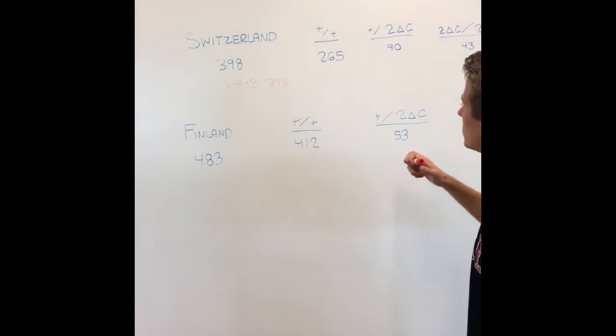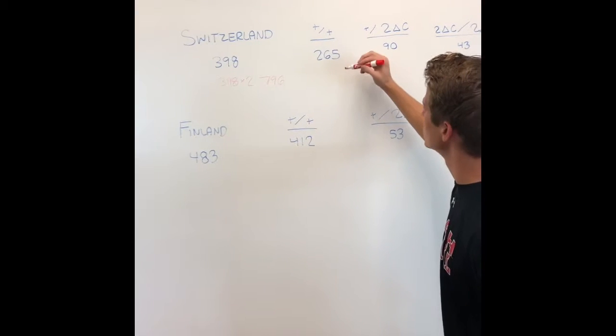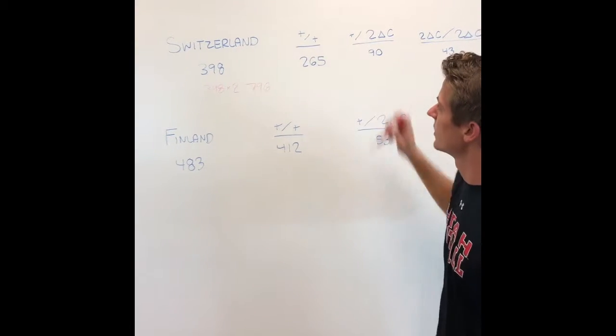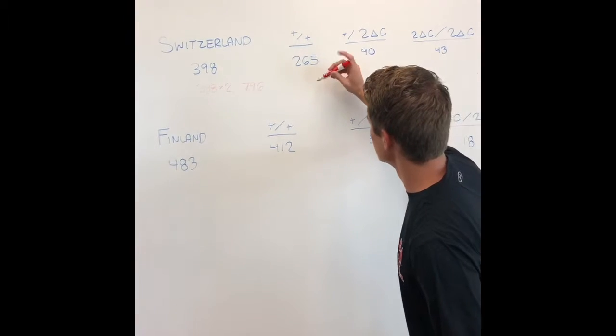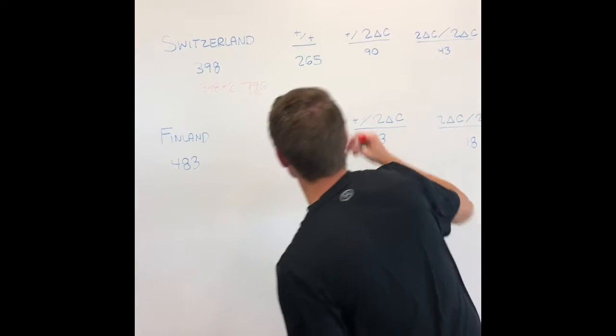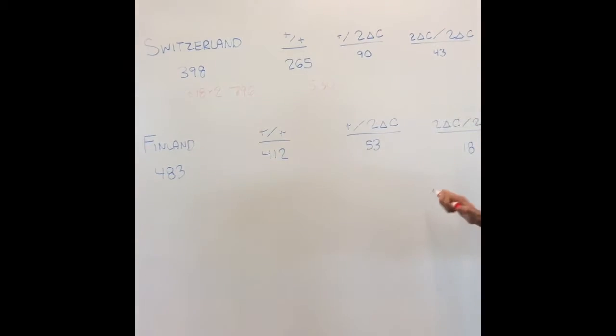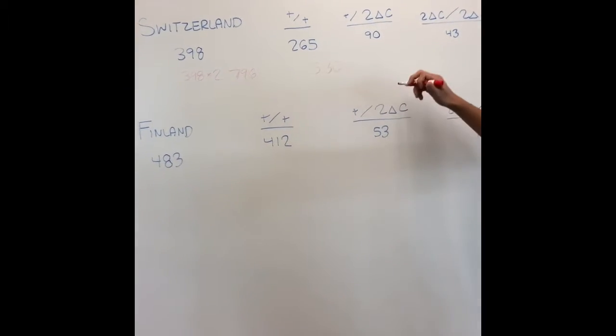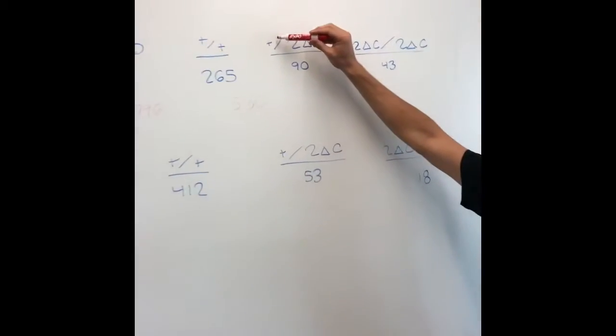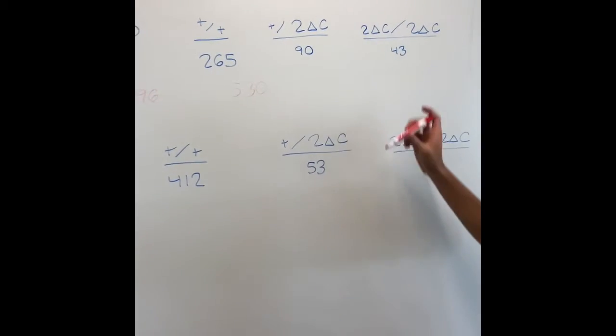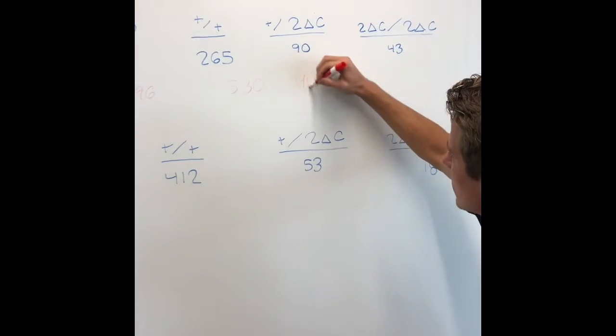Now we're going to do the same thing for our 265 because both these people have the same gene. So our 265 times 2 is going to equal 530. Now on this one, we're only going to add a 90 to it because again, these people only have one copy of the gene. So plus 90.